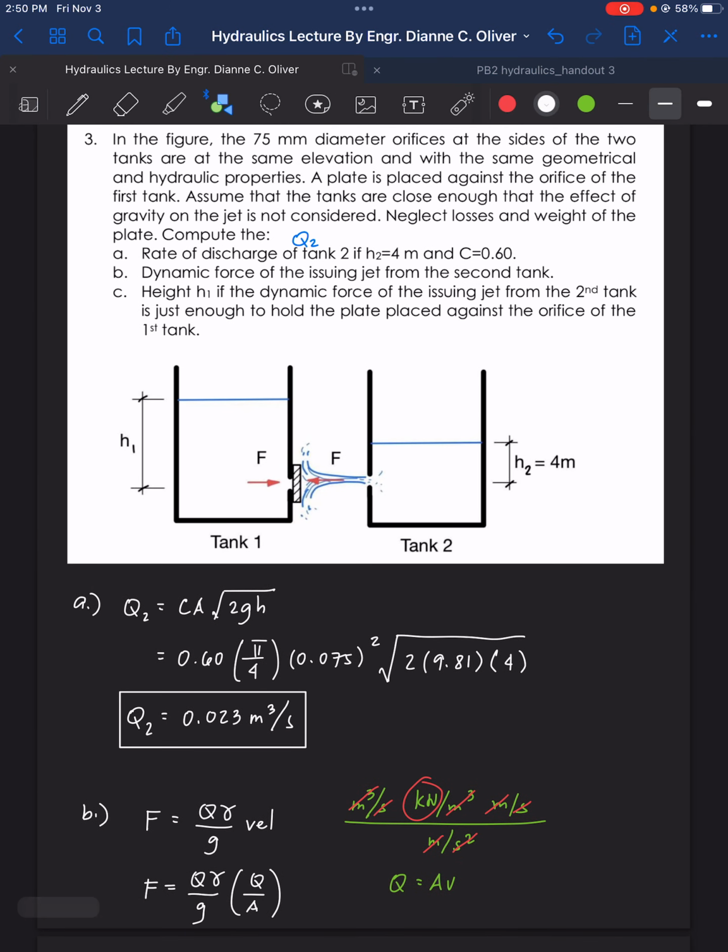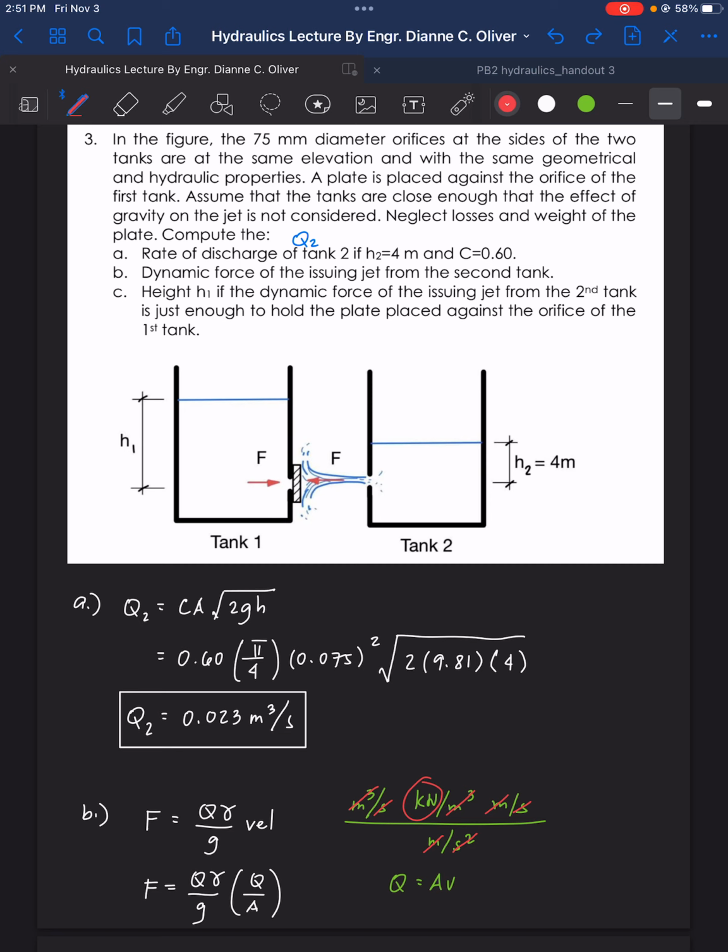C, height H1 if the dynamic force of the issuing jet from the second tank is just enough to hold the plate placed against the orifice of the first tank. So what could we observe here? If the F here is the dynamic force, how about the force inside the tank?